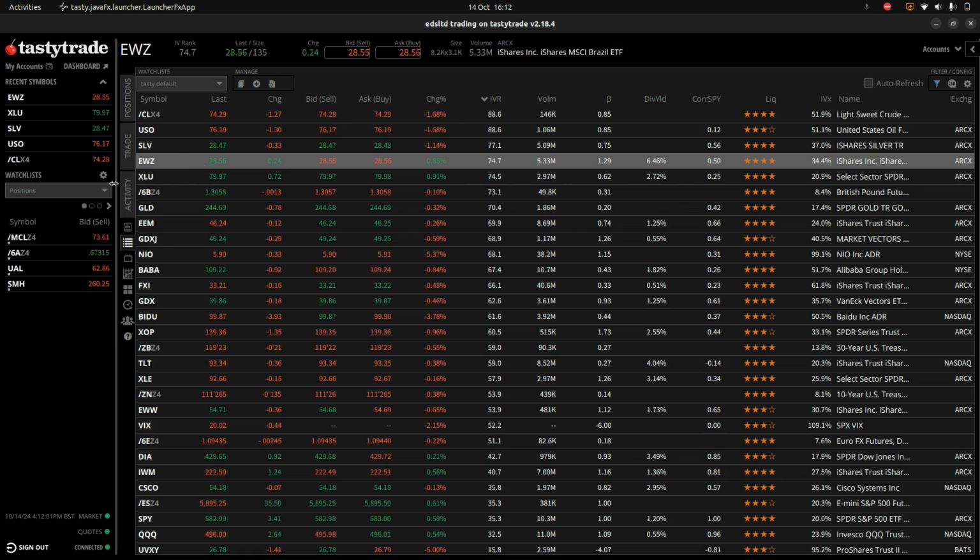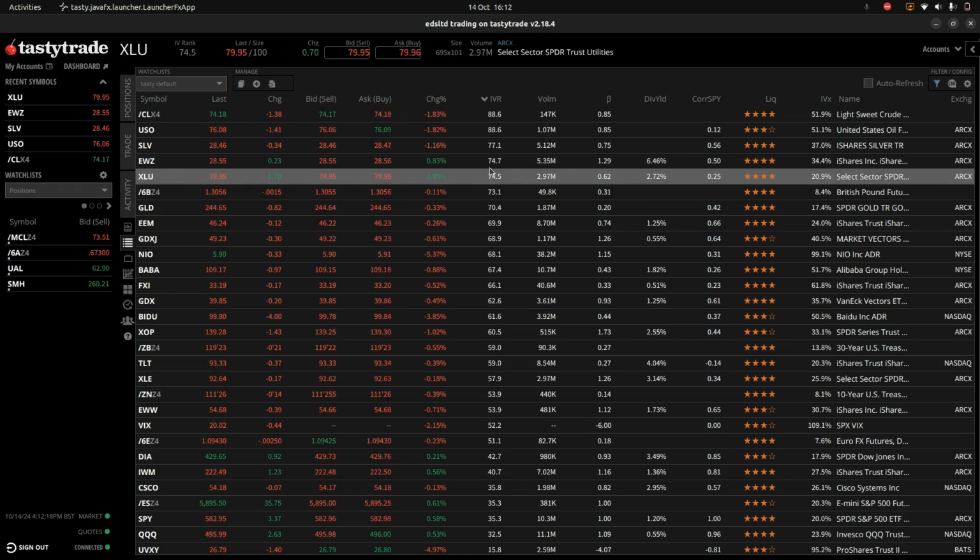ETFs are really nice to trade because they don't really move too erratically, and overall, it will just help smooth out your P&L. But typically, absolute IV will be less on ETFs. So we've got XLU here with an IV rank of 74.5. Its IV is currently at basically 21%.